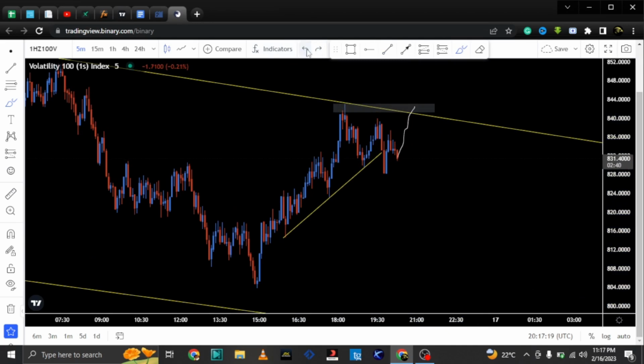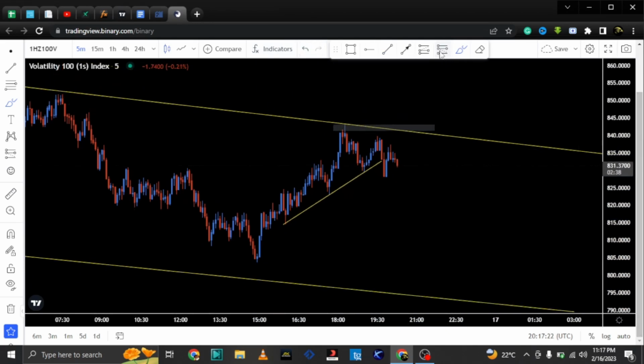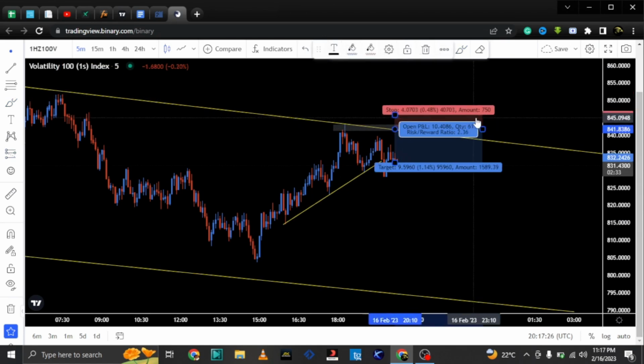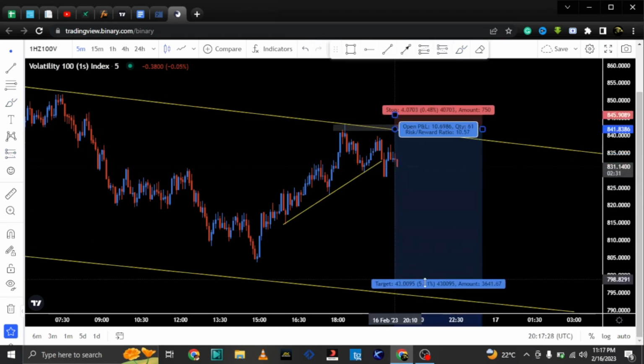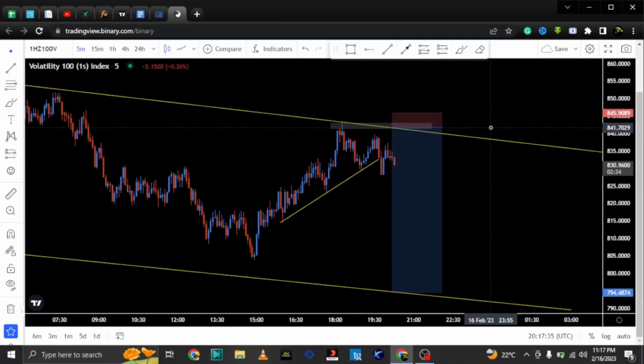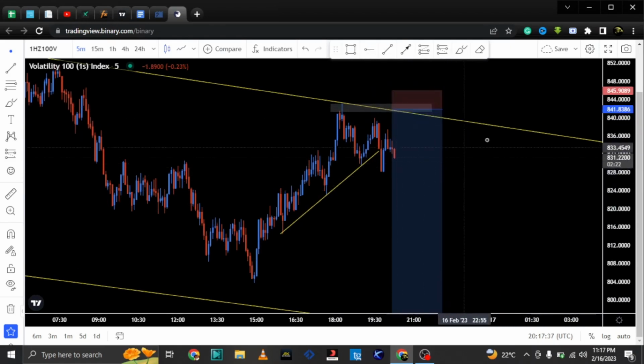So I'm saying that you don't have to chase it, all right? Just wait for it. You see that now it minimizes your stop loss, and also it increases your risk to reward from 6 to 11.